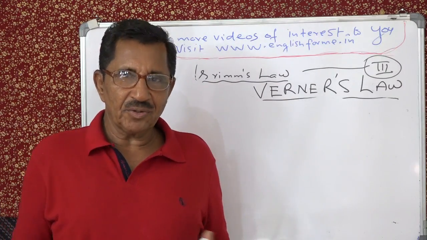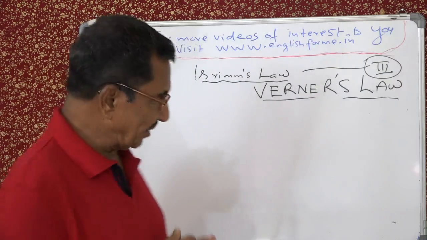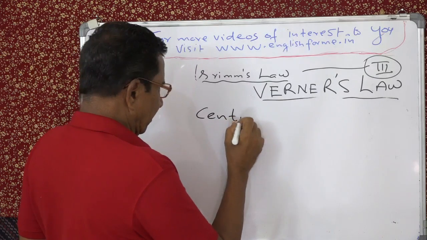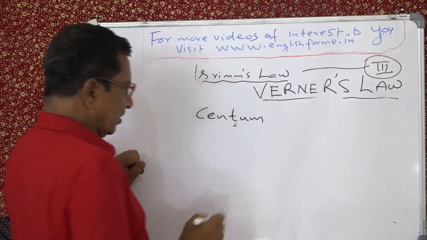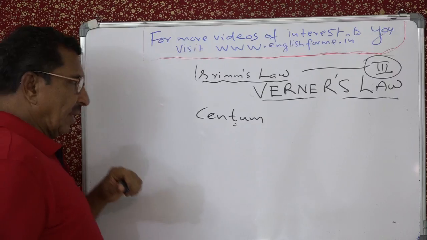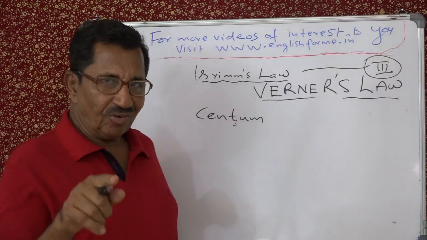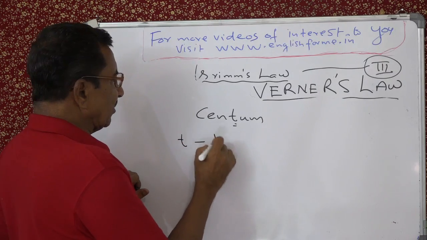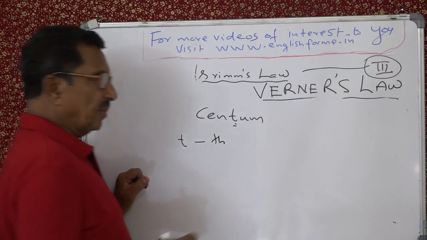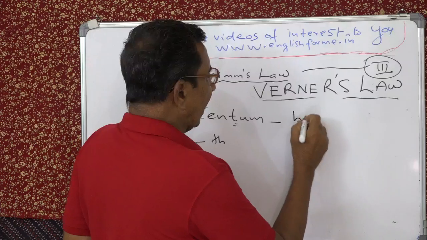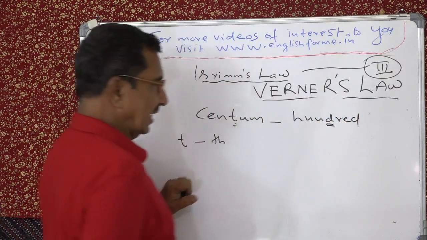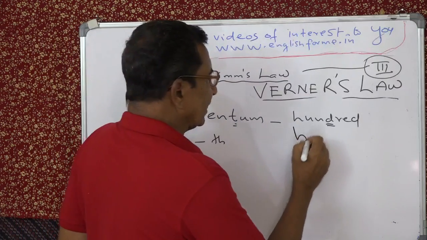For example, I will show you a very simple example. See, T. So, actually, according to Grimm's law, when there is a t, it has to become th. But in English, you have got 100. See, D. It ought to have been 100.